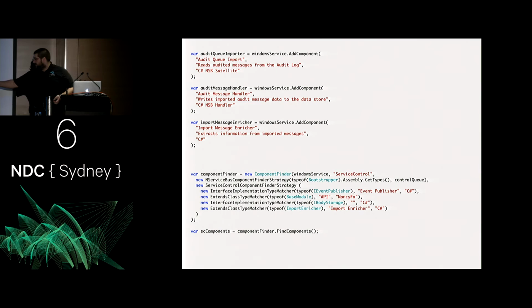And when you call ComponentFinder.FindComponents, it's going to run through all of the code and it's going to pick out all of the things that match, and it's going to construct those component records for you, so you don't have to do it by hand. And again, if you've added this into your source control repository, and now you're doing it on every single build, you have up-to-date architecture documentation coming out on every single build.